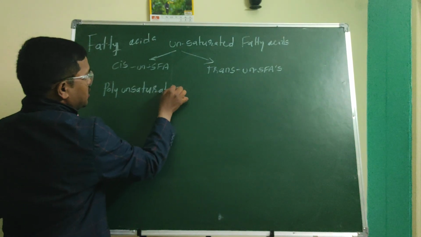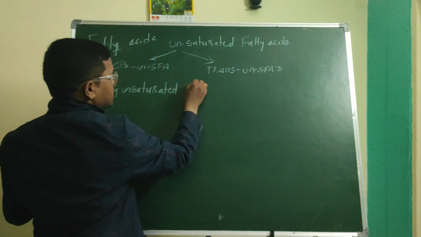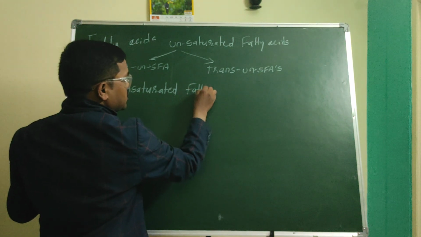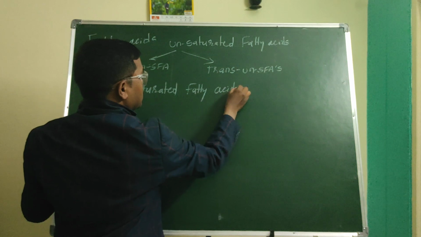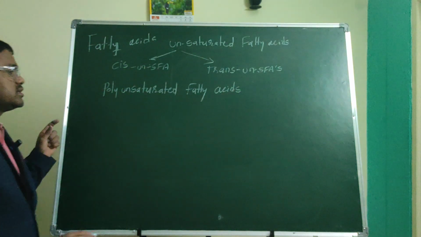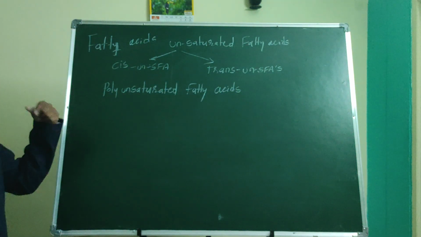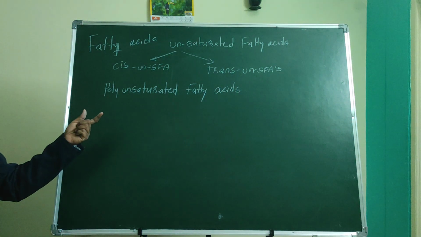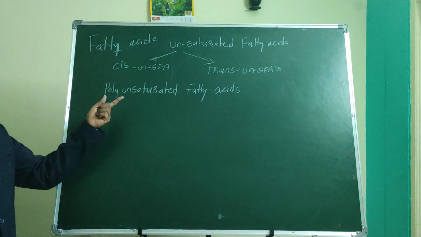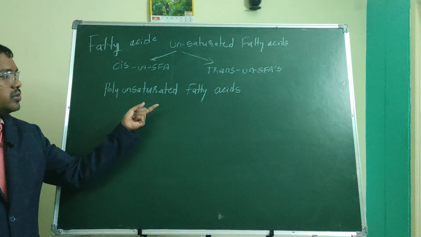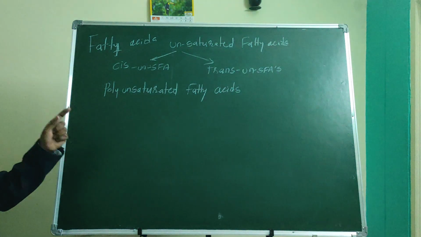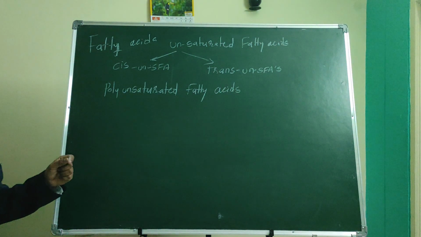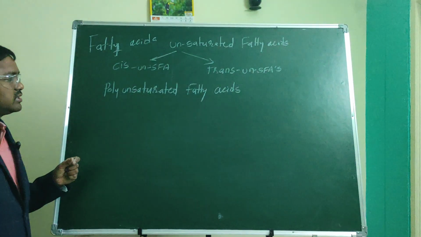As there are two or more double bonds in the fatty acids, these fatty acids are called polyunsaturated fatty acids.